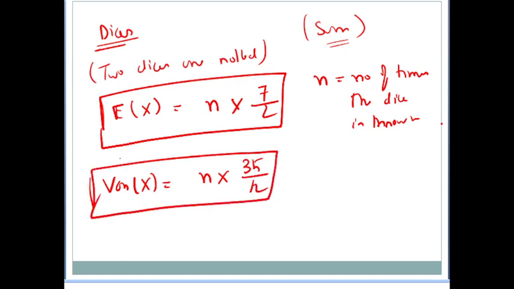These are some of the important formulas. If we remember them, it will be very easy for us to solve any questions based on this.